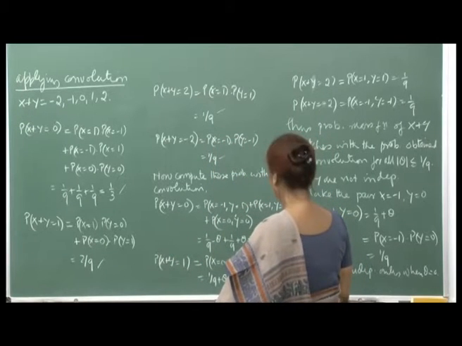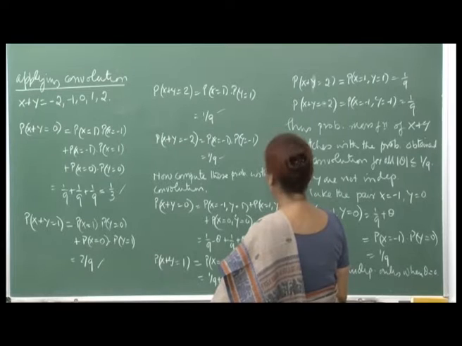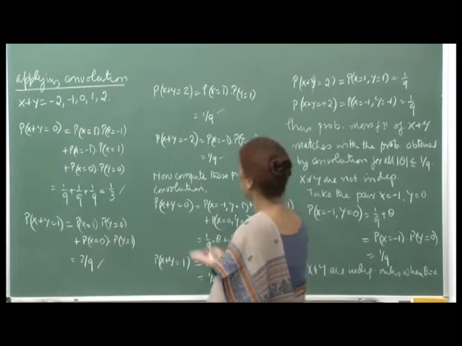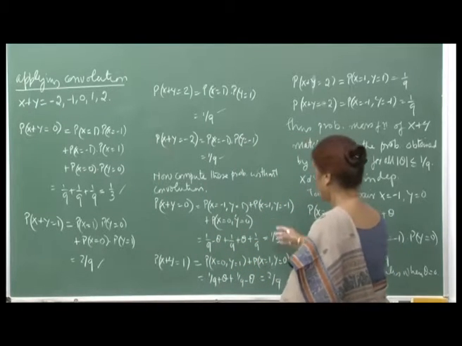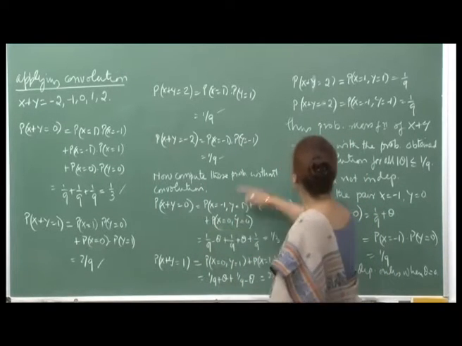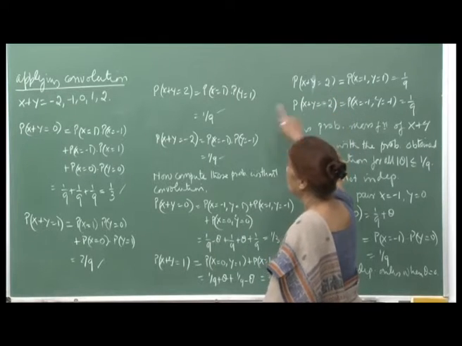So we have checked almost all; x plus y equal to minus 1 is left out, but we have otherwise checked for x plus y equal to 0, 1, 2 and minus 2.